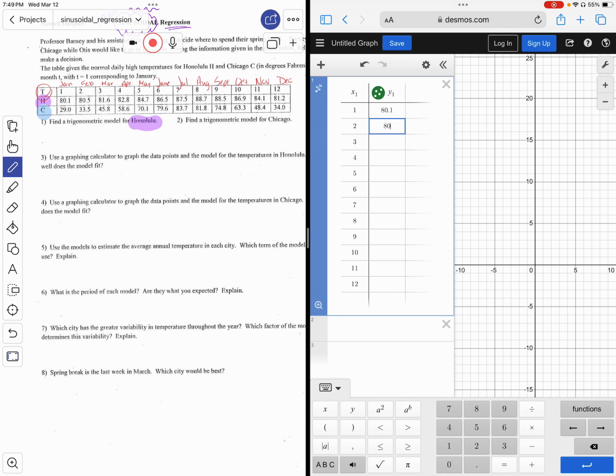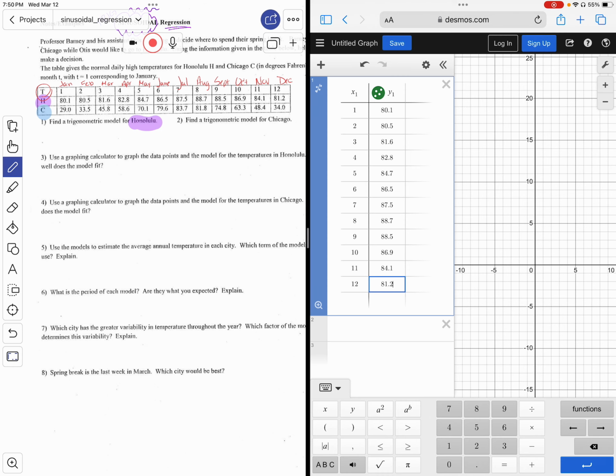Here's the data: 80.1, 80.5, 81.6, 82.8, 84.7, 86.5, 87.5, 88.7, 88.5, 86.9, 84.1, and 81.2. So I've got all 12 months' worth of data entered into my table.